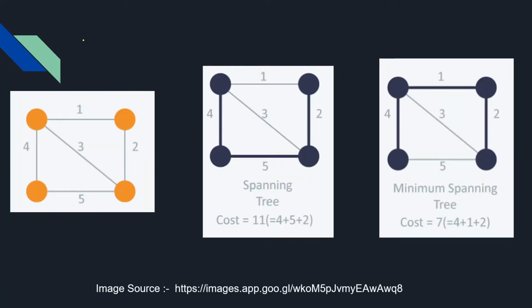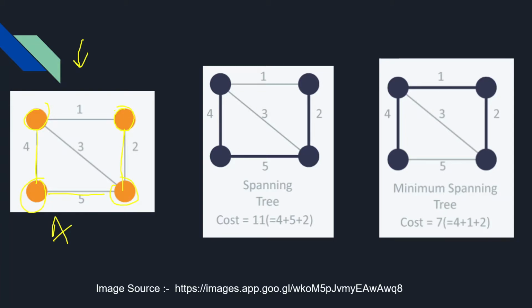So let us see an example of a spanning tree and a minimum spanning tree using this graph. If I include the edges with weight 4, 5 and 2, both properties of a spanning tree, that it is acyclic and that all the vertices are included, are satisfied. As we can see, all the vertices are included and it does not form any cycle.